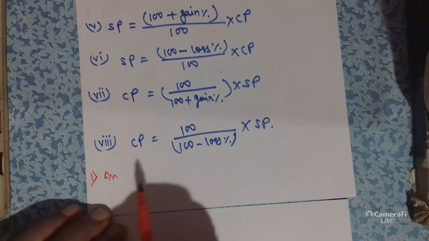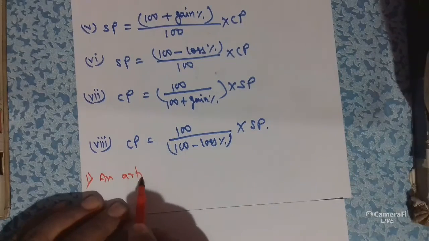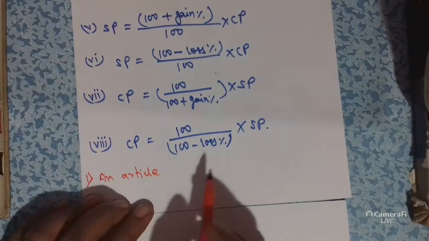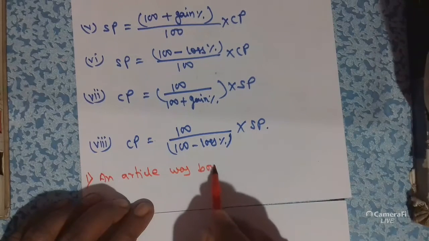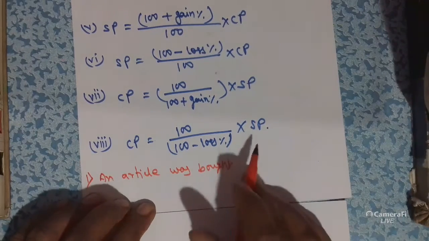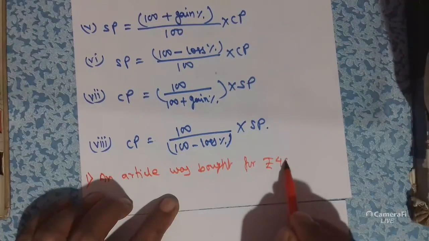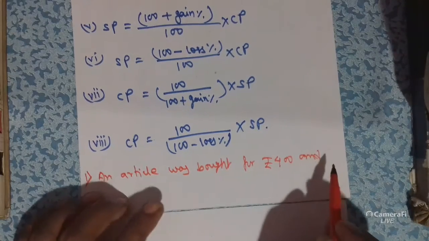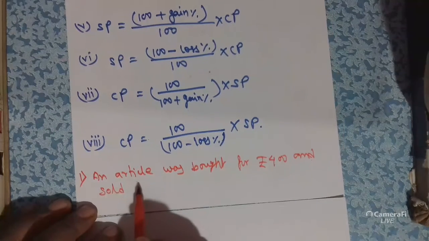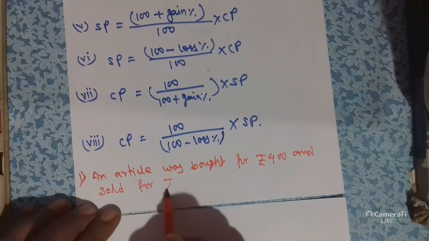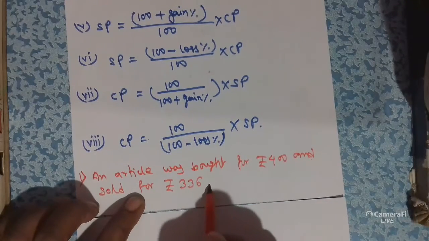An article was bought for rupees 400 and sold for rupees 336.